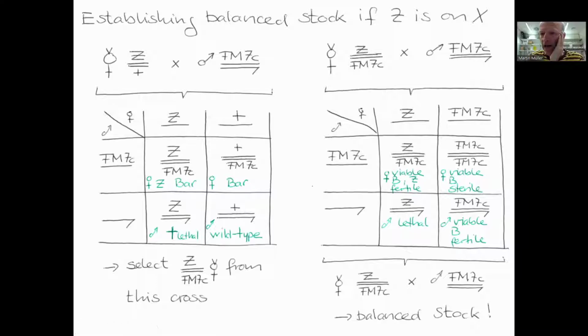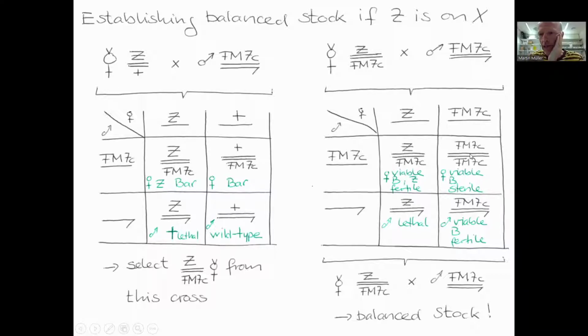It's very likely that we would slowly but almost surely lose Z, because these females here could mate with these males. They are the only ones in the stock. And chances are quite good that after a while, we do not have these females here in the stock anymore, and we have lost Z. That's why FM7 over FM7 has to be sterile.